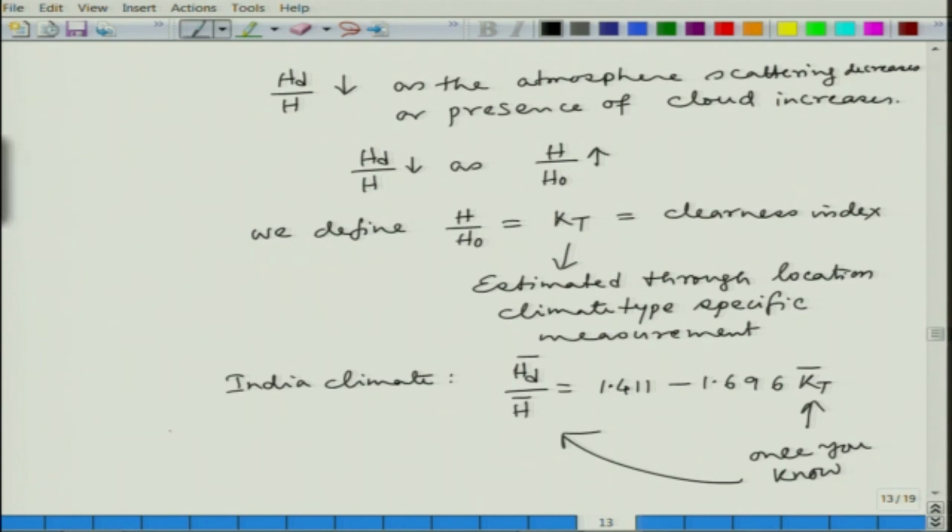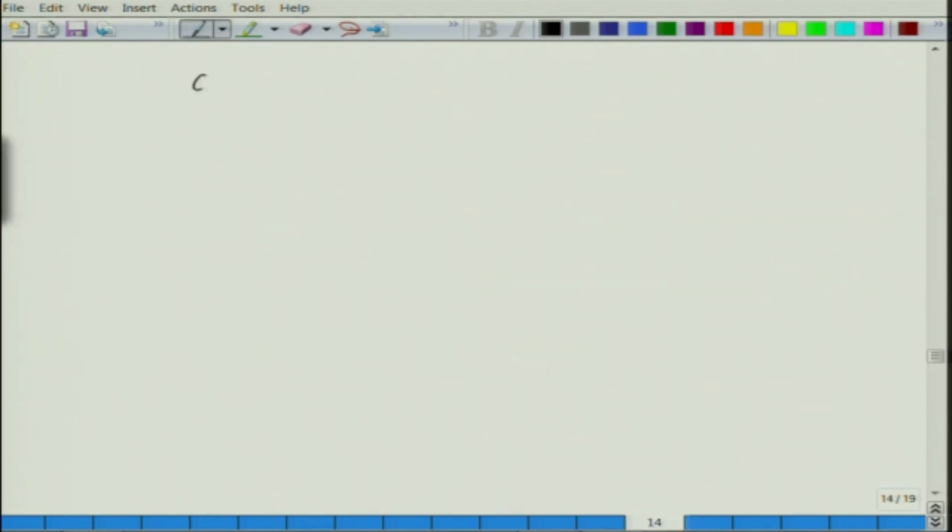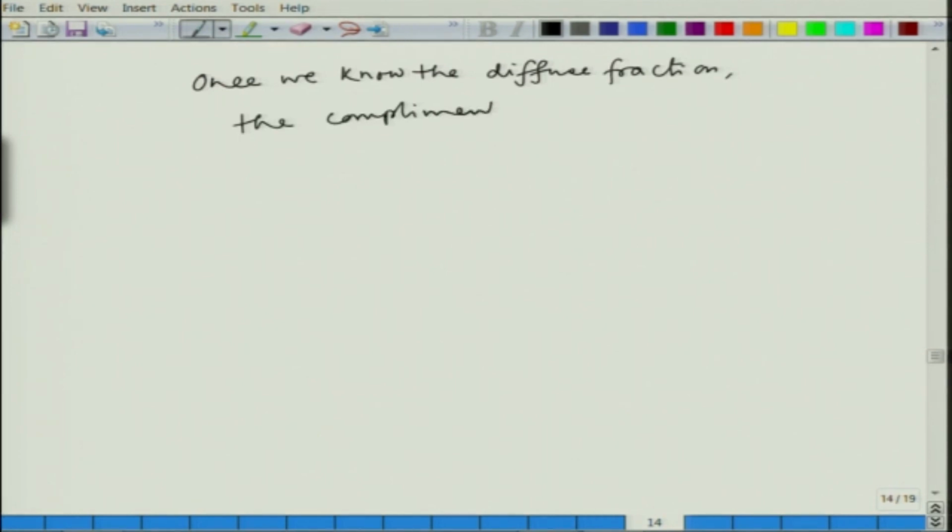So, that is how the diffuse radiation is calculated. Now, once we know the diffuse fraction, the complementary part is the direct fraction.